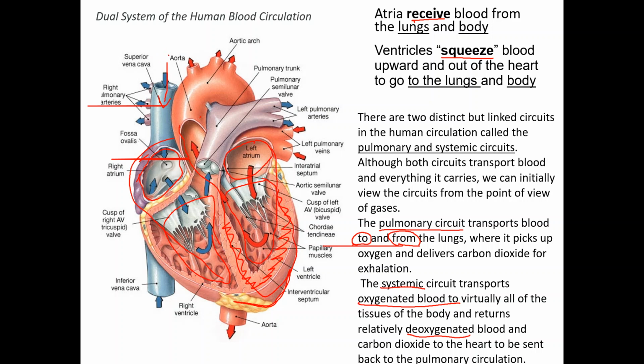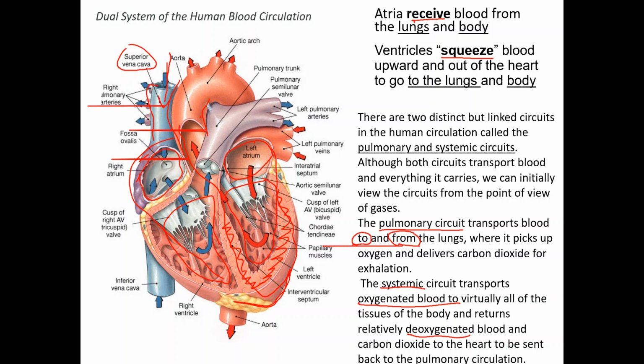So the blood that is rich in CO2 that comes from the systemic circulation will come to the heart through big vessels, which we will name. But you can already see this one is the superior vena cava, which collects all this blood, and the blood arrives into the right atrium.